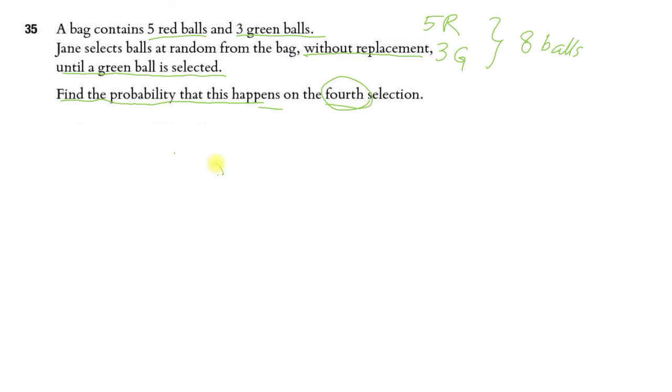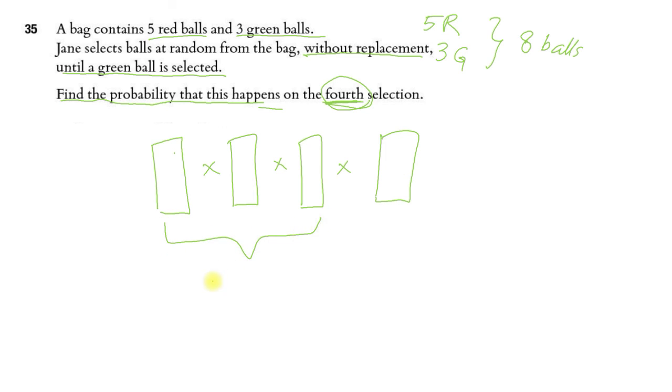So this is quite similar to the previous question. You need to get green at the 4th try. So first try times second try, third try, and the 4th try needs to be a green ball. Therefore, the first 3 tries would be red balls.